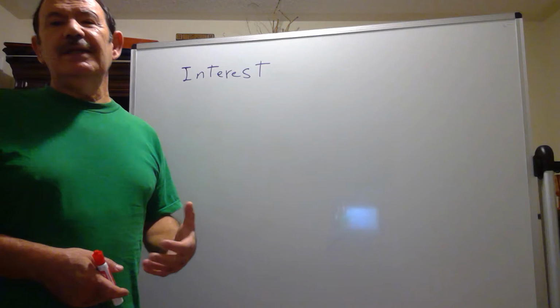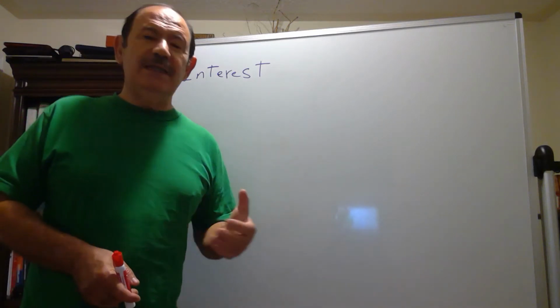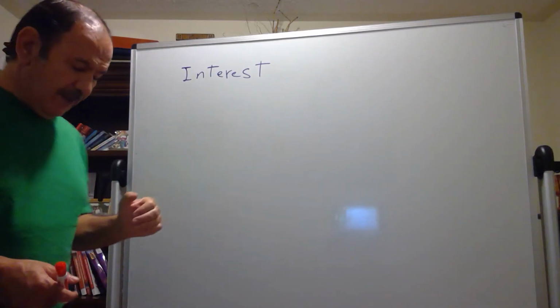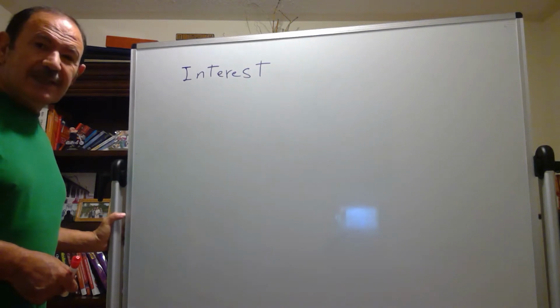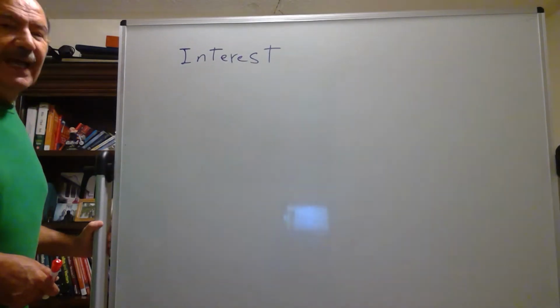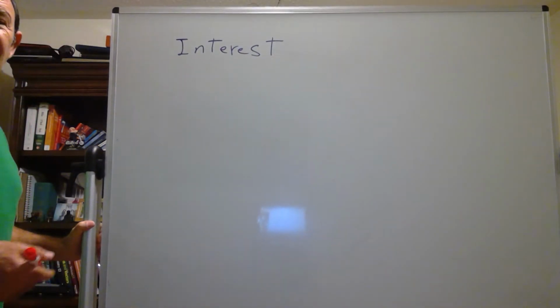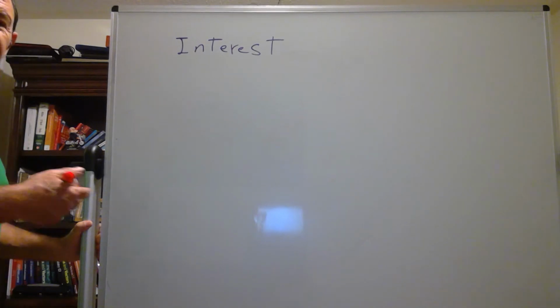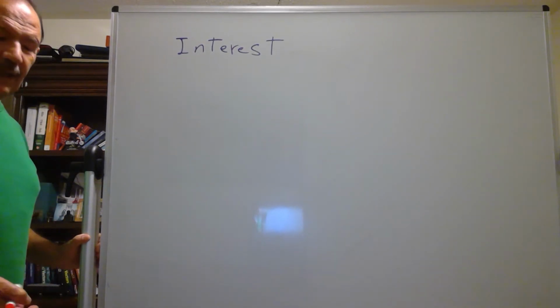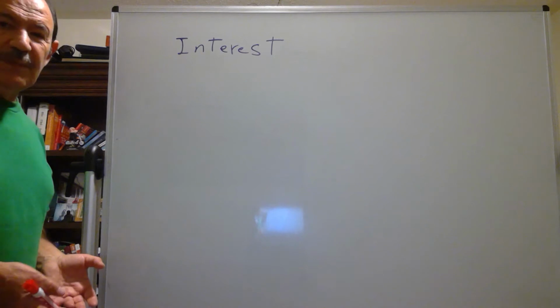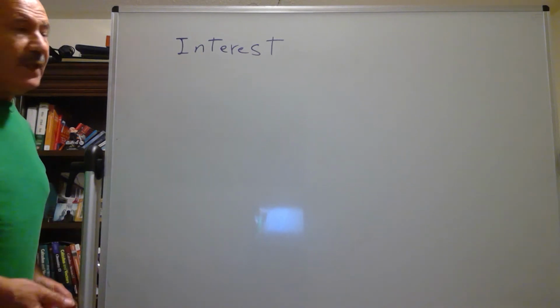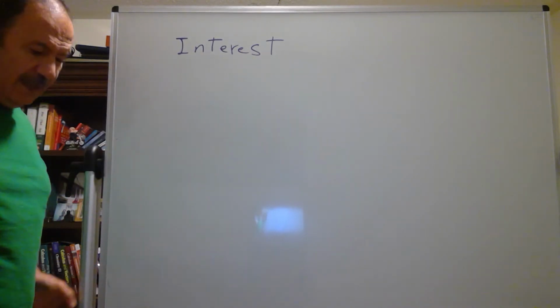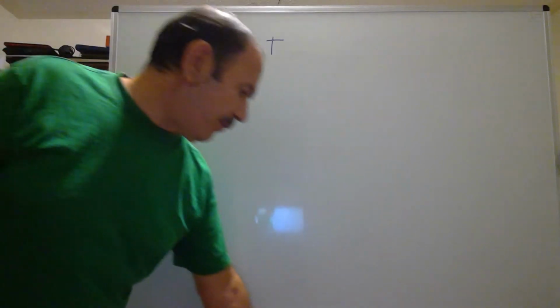The extra money that the customer is paying, we call it interest. Okay. So interest is the extra money that we are receiving from the bank when we are investing, or that we are returning to the bank when we are borrowing. Okay, the name is interest.